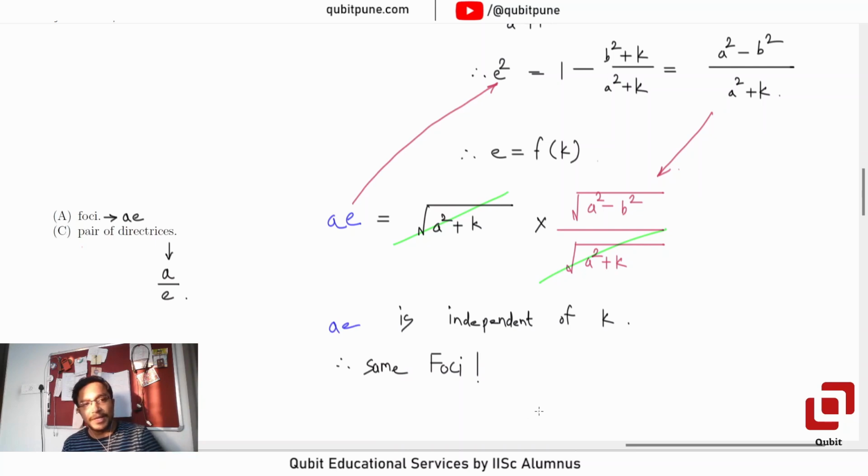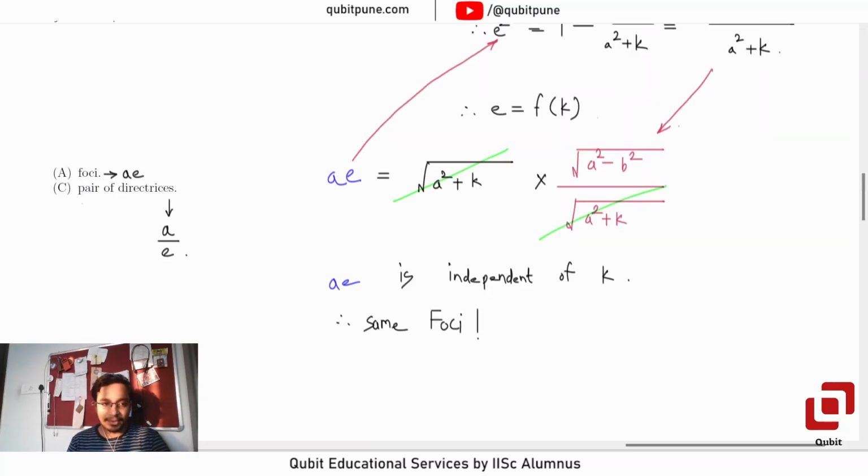Now, do you think that the pair of directrices will also be same? No, they will not be same, because the product ae is independent of k, so foci is right and pair of directrices is not right. If you are not yet convinced, you can try taking a by e. You will realize that a by e will also be a function of k.